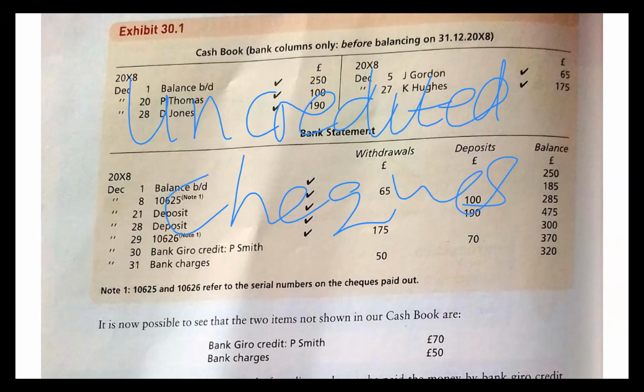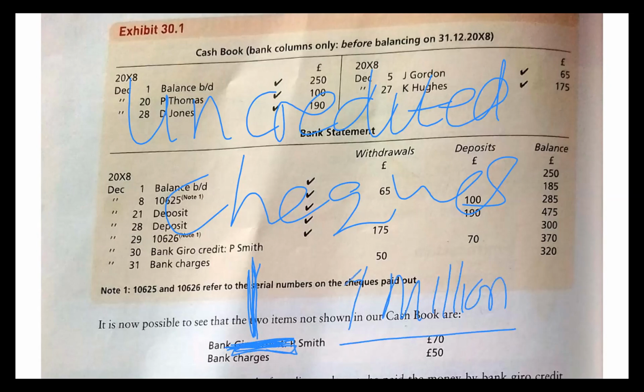You record in your cash book on the debit side that you have received a check, showing maybe 1 million. But when you go to your bank account, that 1 million will not be appearing until you take that check to the bank.